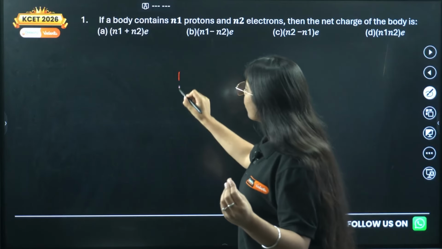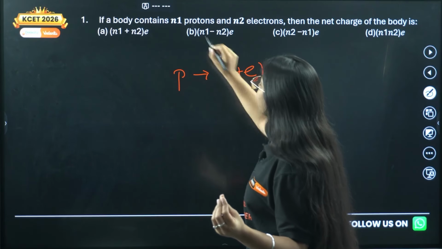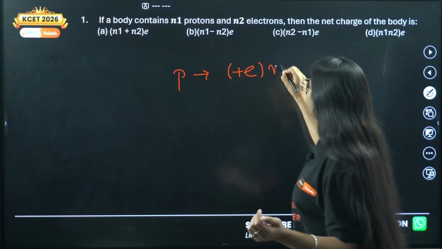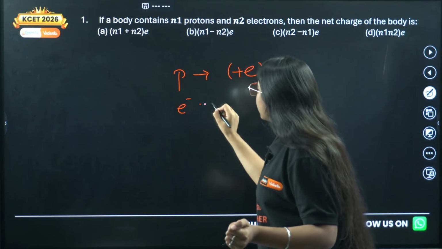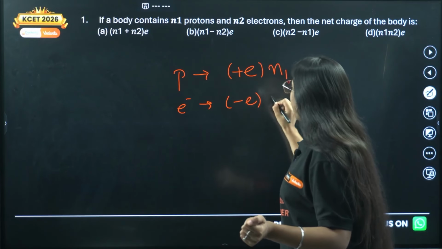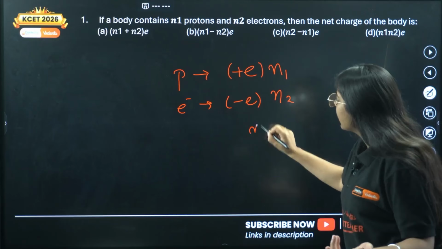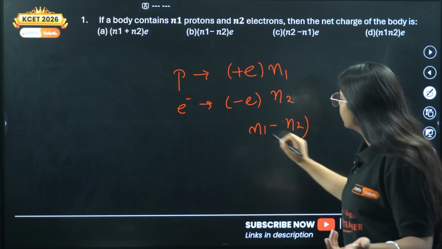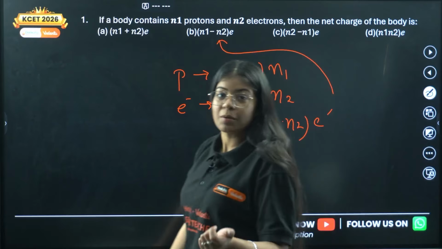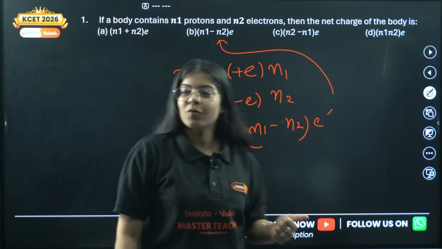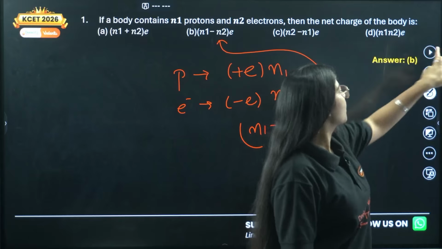Now we know for proton the charge is E, but it's positive, and there are N1 protons, so we'll just multiply N1 with plus E. For electrons it is minus E, and there are total N2 electrons, so if I just add it, I'll get N1 minus N2 into E. Correct? And that is our option number B. Correct? Let's move on to the next question.